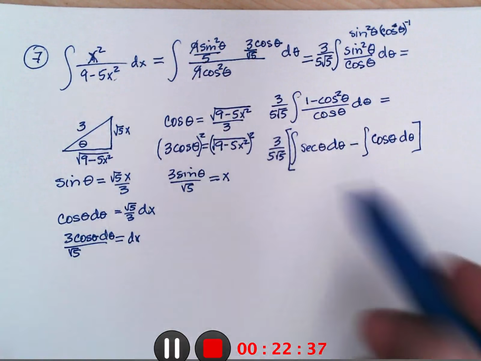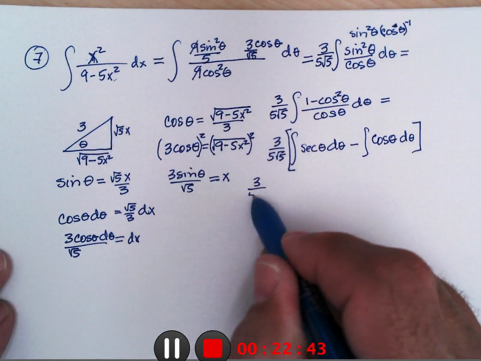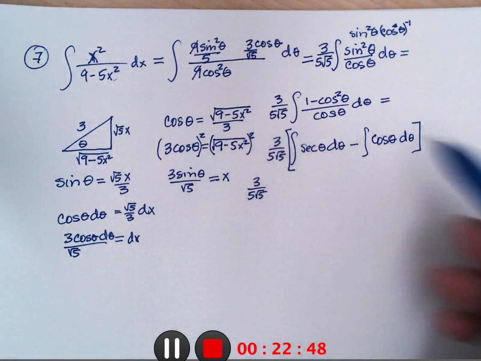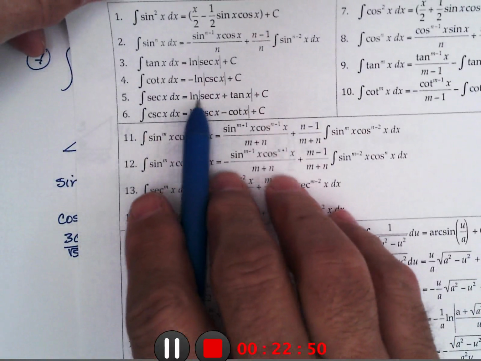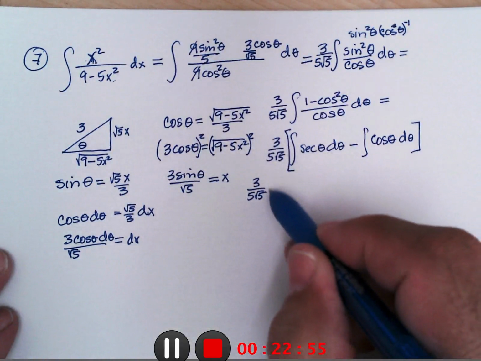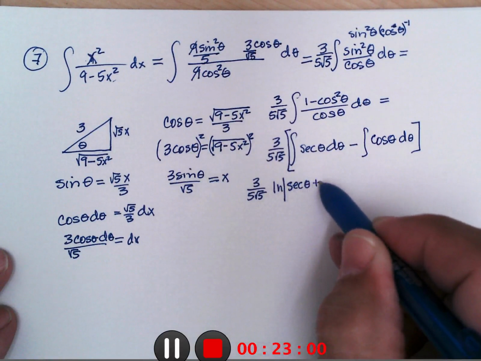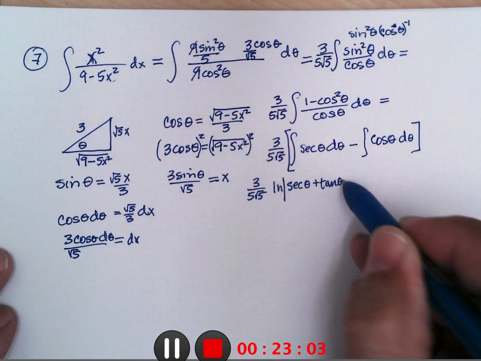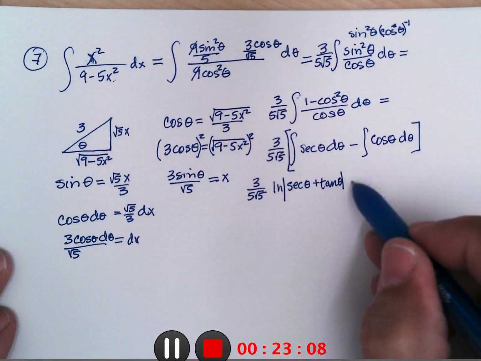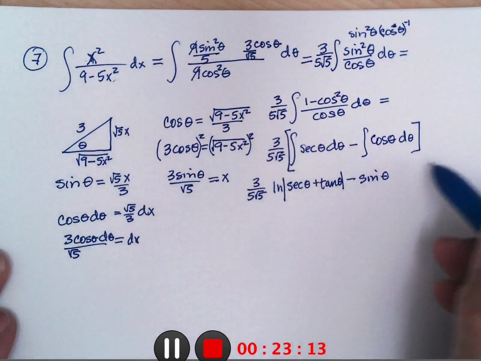And this becomes 3 over 5 square root of 5. The antiderivative of secant, using number 5, is ln secant x plus tangent x. So ln, absolute value of secant theta plus tangent theta. And the antiderivative of cosine is sine plus c.